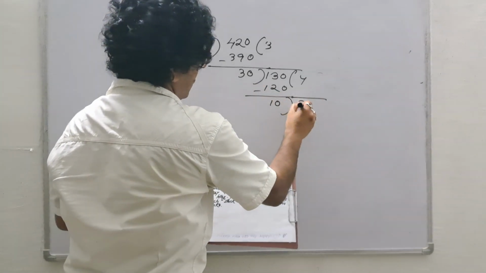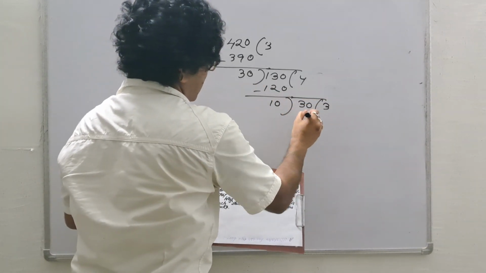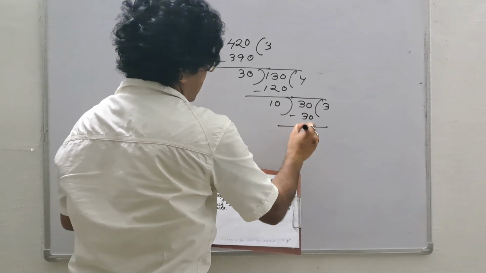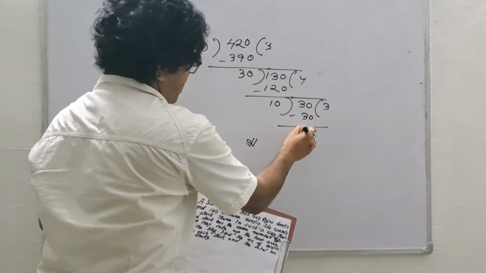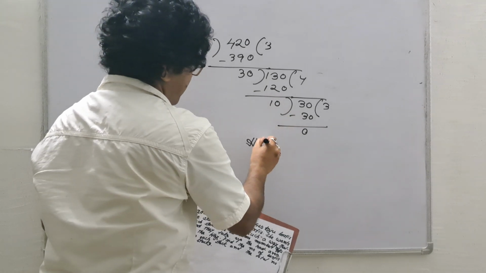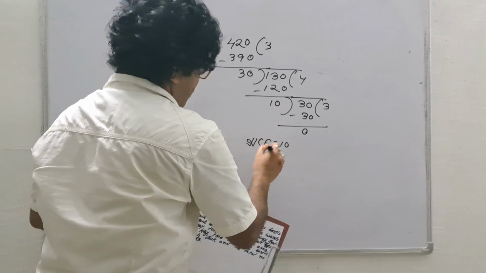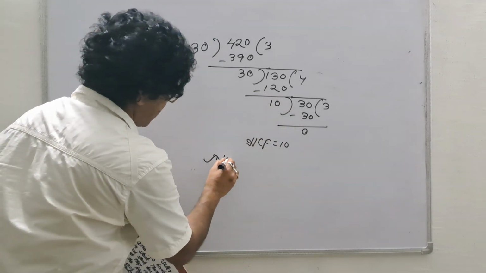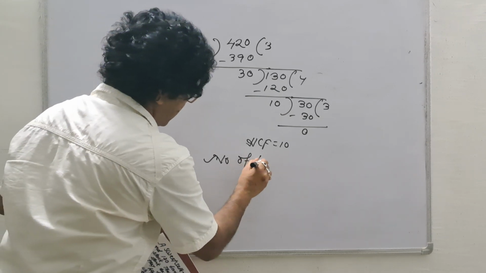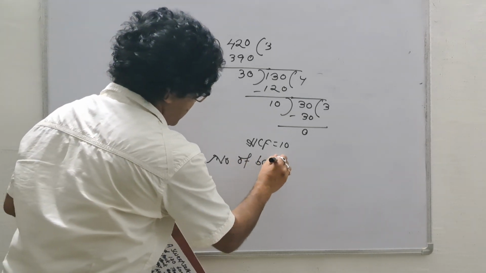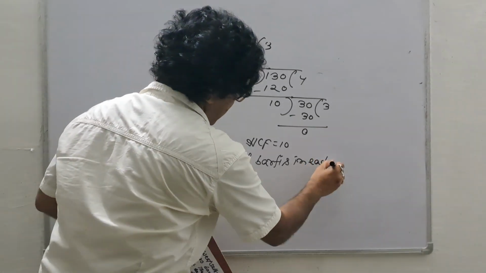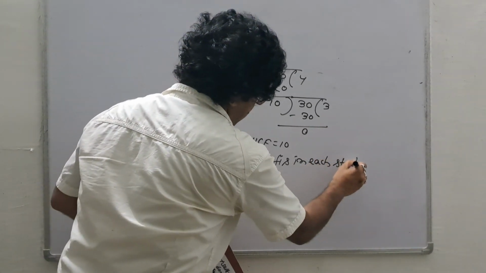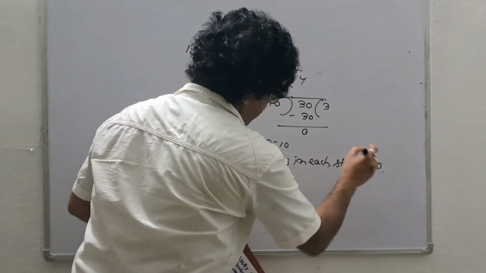By 10 you divide 30. 3 times, 30, remainder 0. So this is the HCF. Remainder 0, so this divisor is the HCF. So the number of Borfies in each stack is equal to 10.